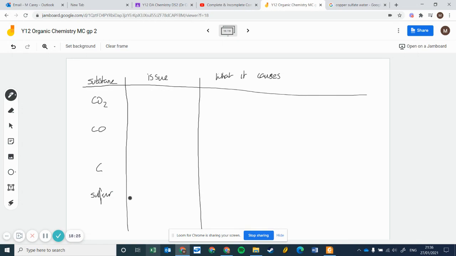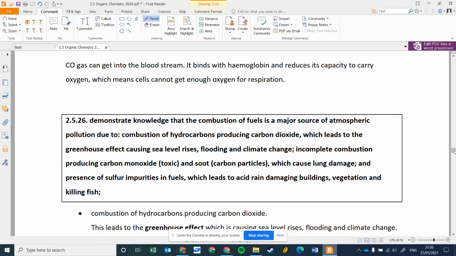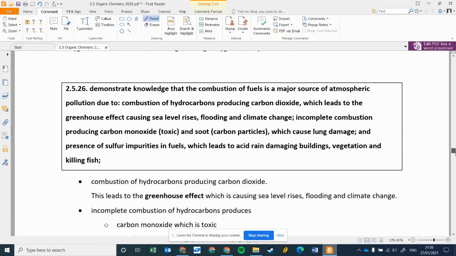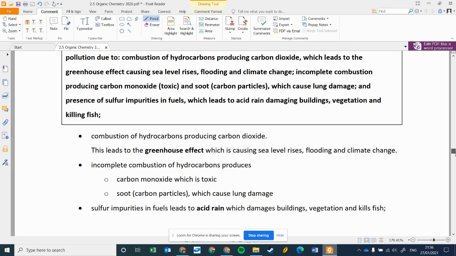Let's look back at the notes. You've got carbon monoxide in this first bit, and then here you've got carbon dioxide, carbon monoxide, soot, and sulfur impurities. Let's just call it sulfur, that'll do. The next thing is, what is the effect of them? Most of the information you need is in the boxes. My notes are just underneath, but they're just a reworking of it.